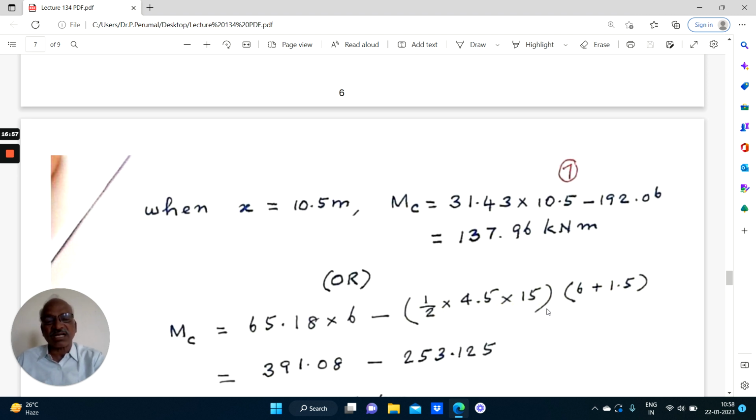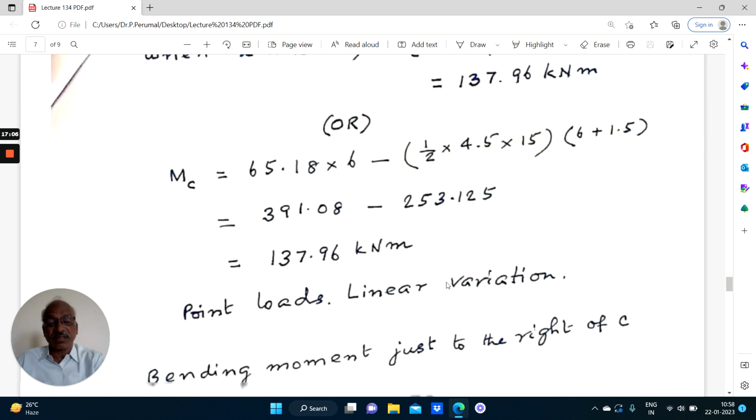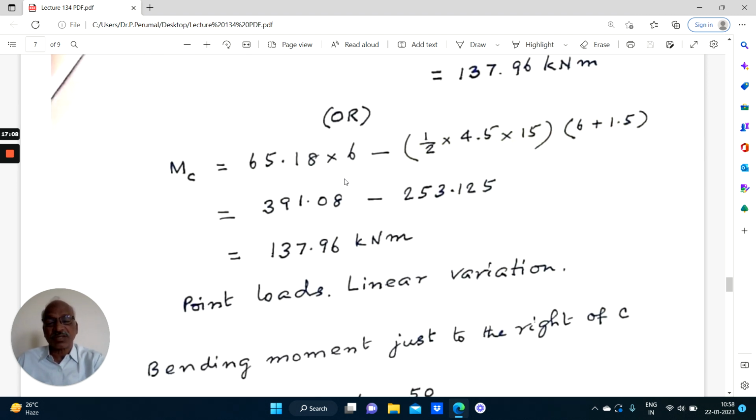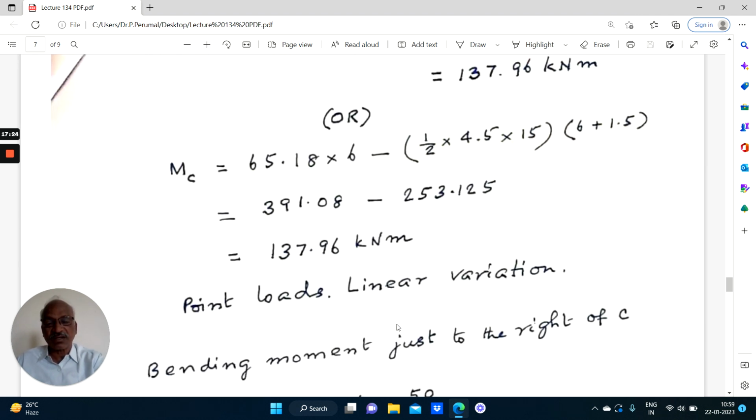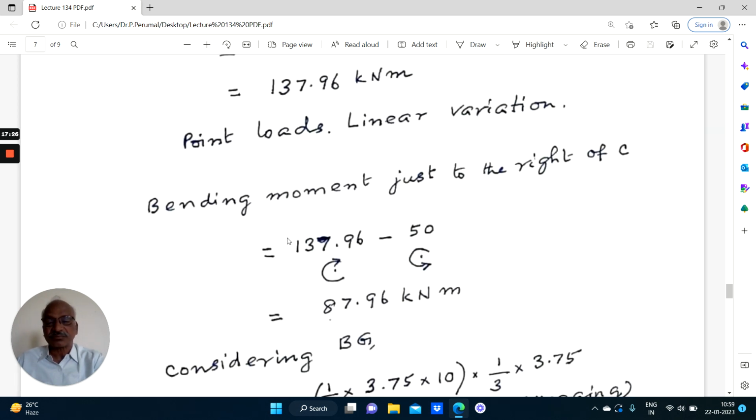The distance to the center of gravity is 6 from C plus 1/3 of 4.5, namely 1.5. This will also give the same value. So this can be straight away used if you are confident about the linear variation concept. So avoiding either the first type of calculation, the second type of calculation is left to the viewers, right?